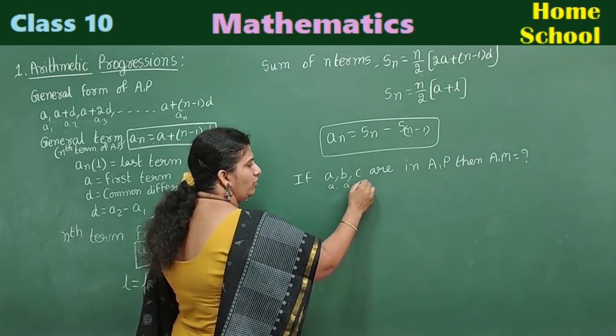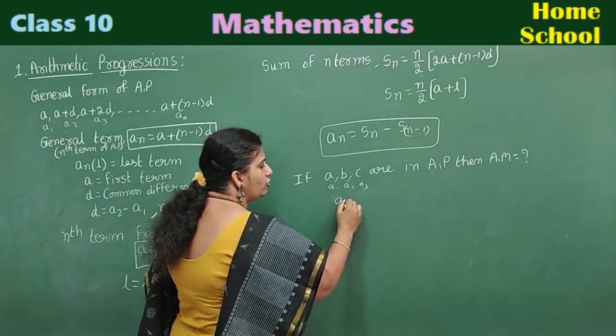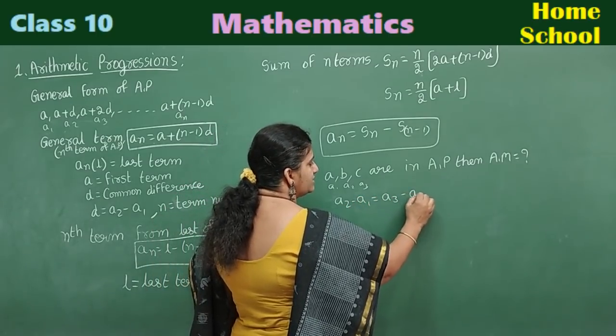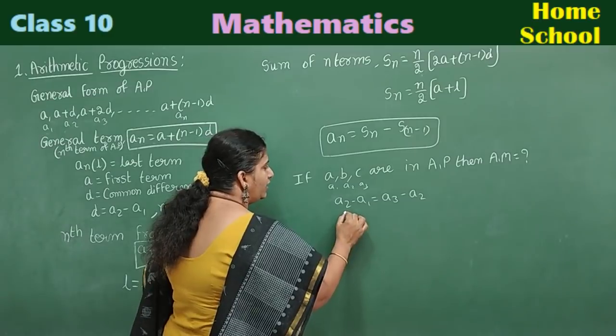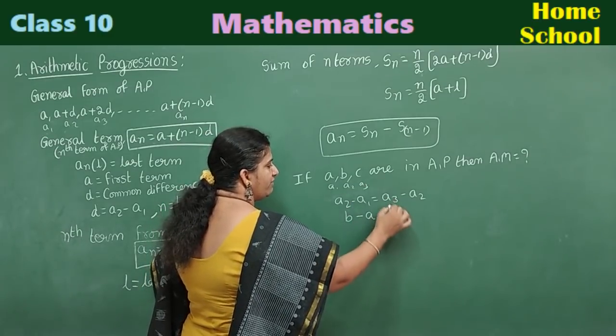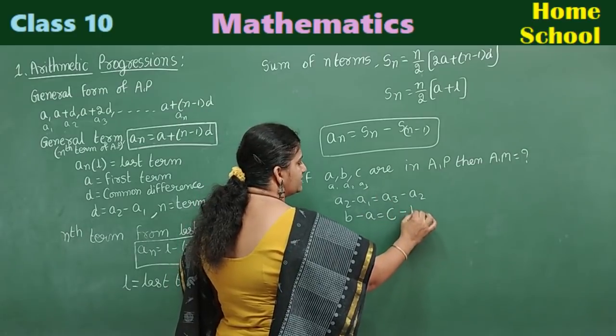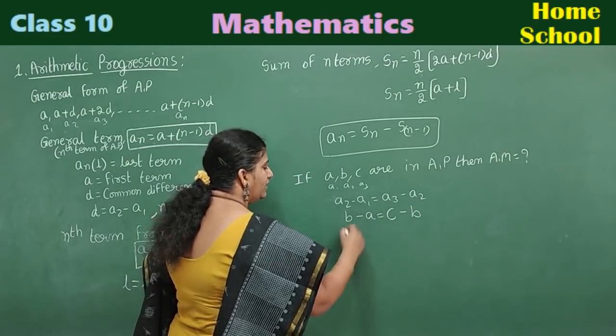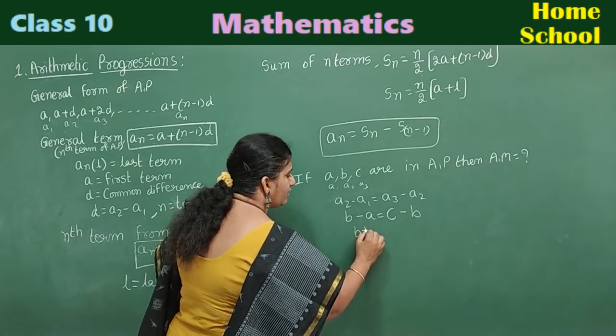a1, a2, a3. a2 minus a1 is equal to a3 minus a2. a2 value is b, a1 value is a, a3 value is c. Now this minus b, bring this side, it becomes plus b.